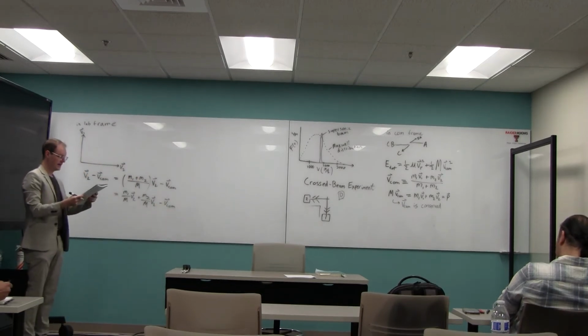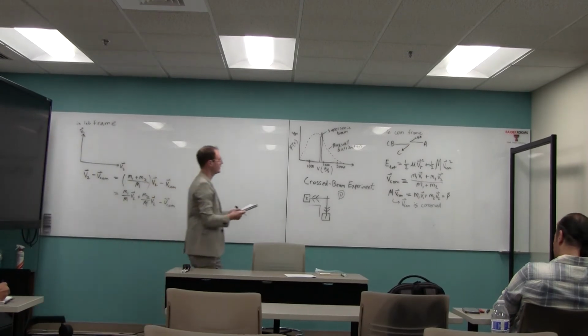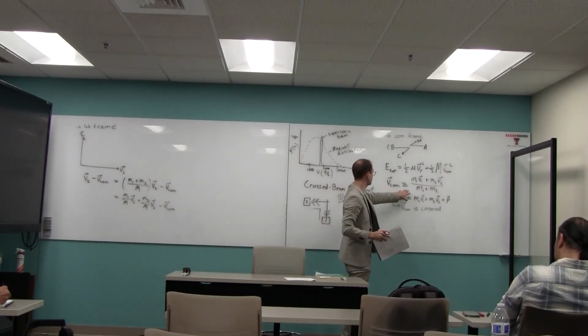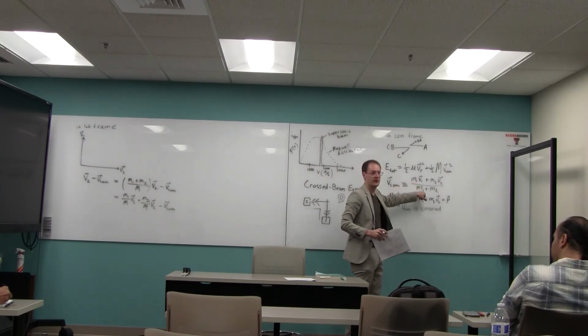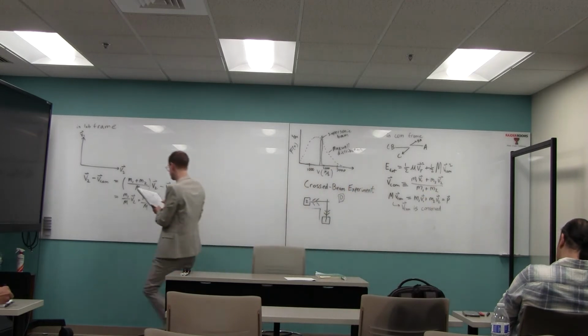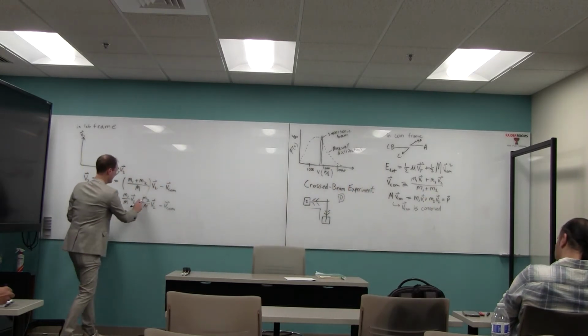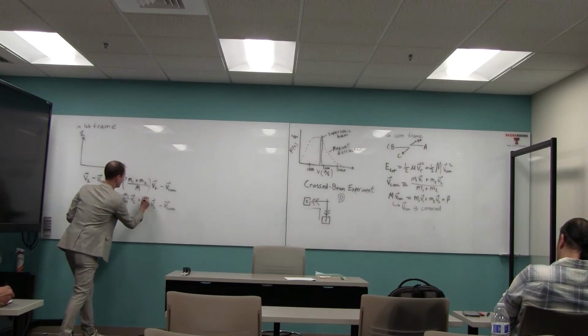Okay, and then from our definition over here, V center of mass equals M1 V1 over capital M plus M2 V2 over capital M. We can solve that for M2 over M times V2.